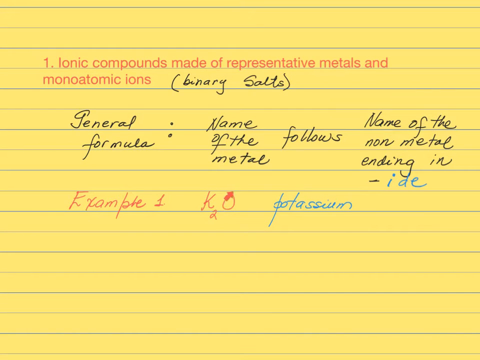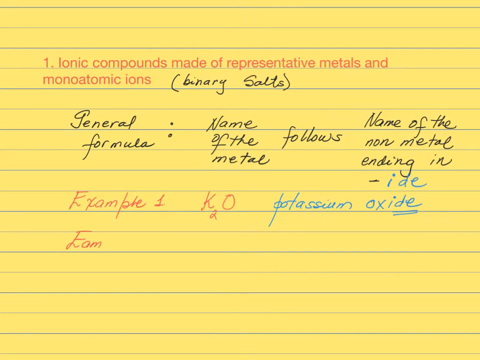Second step, you're going to look at the non-metal. The O is for oxygen. You're going to drop the ending, and then you're going to add IDE. Oxide. See that? No oxygenide, oxide. And that's how you're going to name ionic compounds made of representative metals and monoatomic ions.